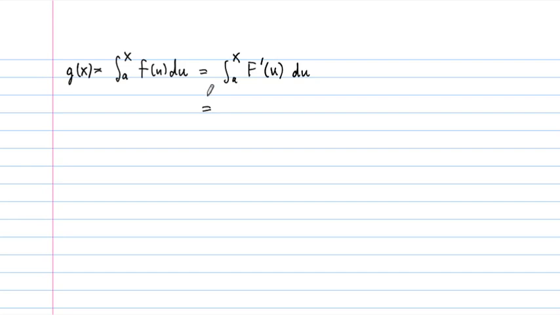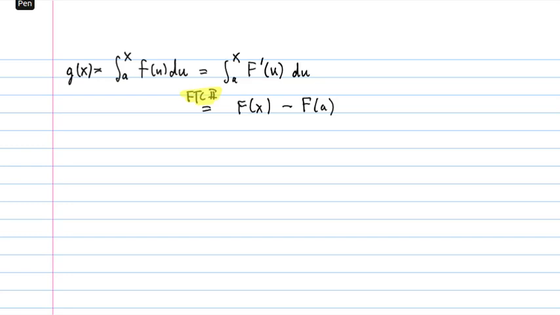And then the fundamental theorem of calculus, so FTC part 2, tells us that this integral is just the difference of capital F of x minus capital F of a.